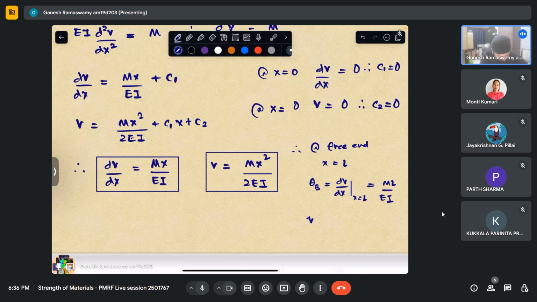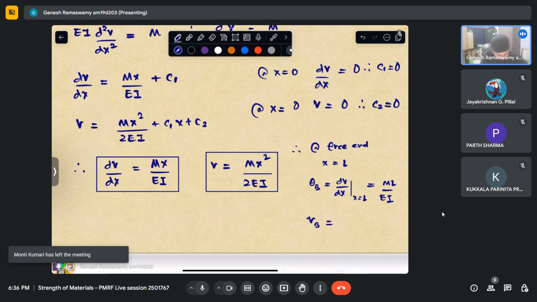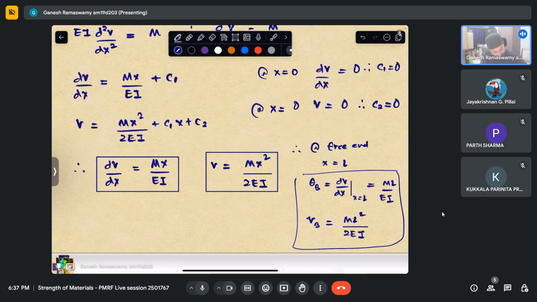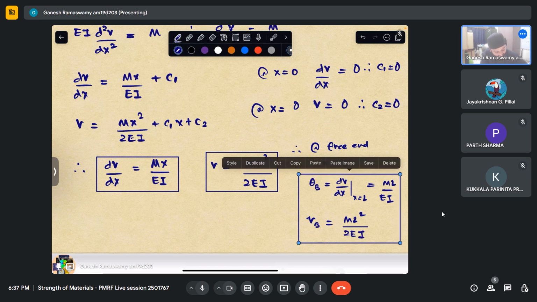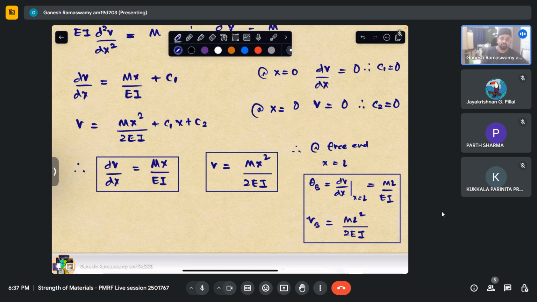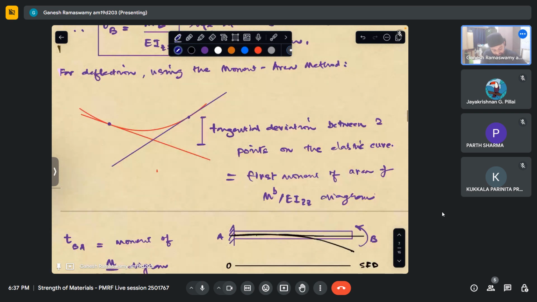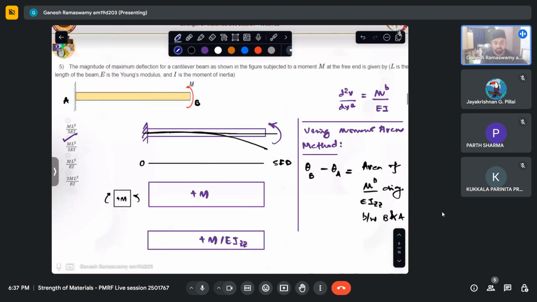And the deflection at B is ml squared by 2EI. So which is consistent with our answers what we got previously. So this is a very rudimentary problem just to get a flavor of how to apply the moment area method as well as the double integration method, and what are the advantages of one over the other.